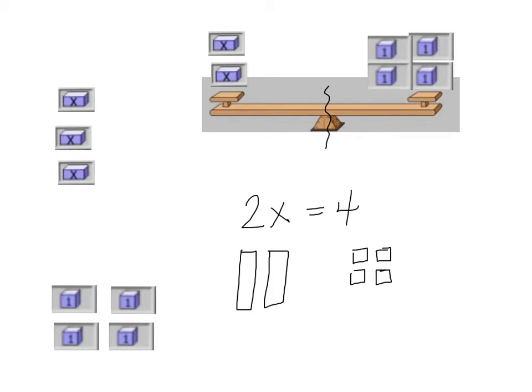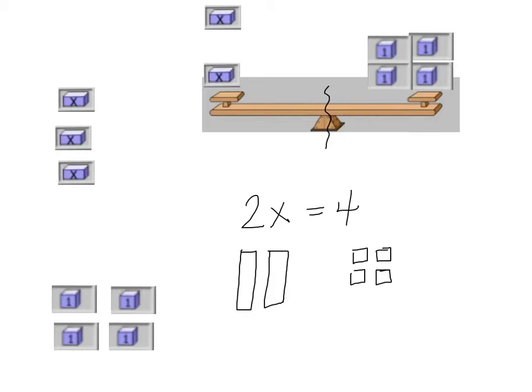If we take a look at our x pieces, I have 2 of them. We know the x's are the same. They look exactly identical, but they're equal to something on the other side. So if I break these into 2 separate groups, one higher and one lower, I can see what x can be.